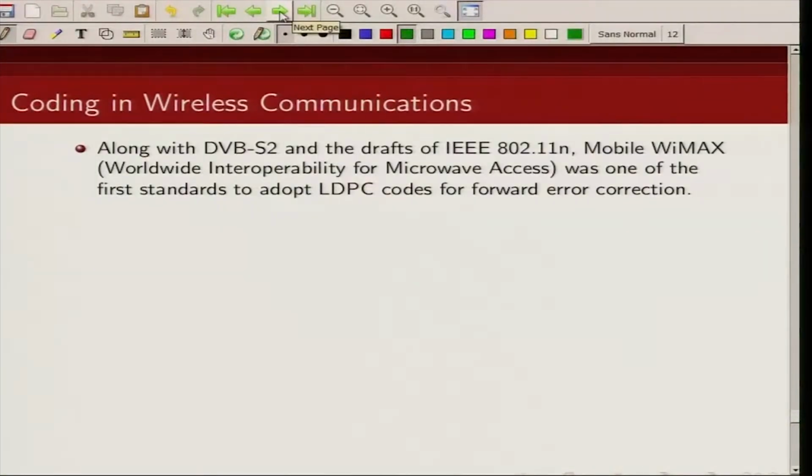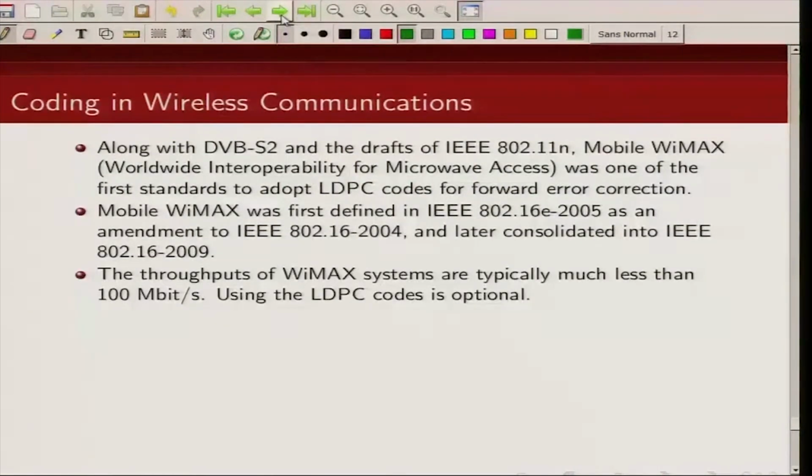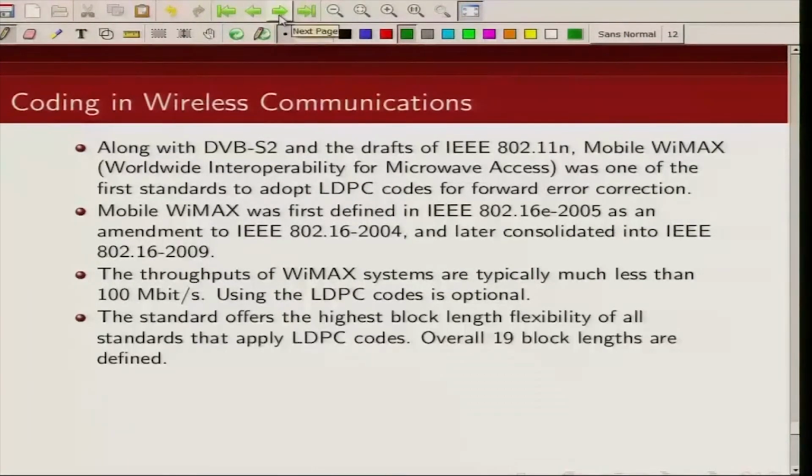Now, another standard where LDPC codes have been used from the very beginning is WiMAX, and there are lots of codes which have been defined in this WiMAX standard. Again, use of LDPC code is optional here, but they have suggested a lot of flexibility as far as block length is concerned, and 19 different block lengths have been considered and various different rates have been considered.